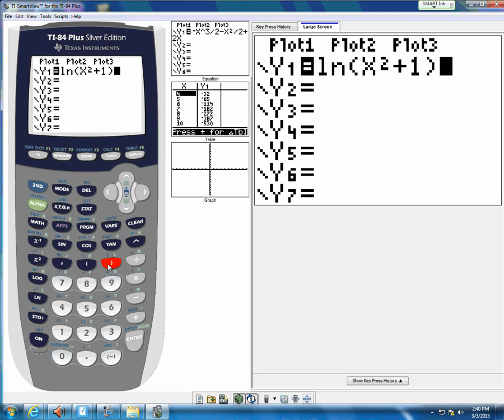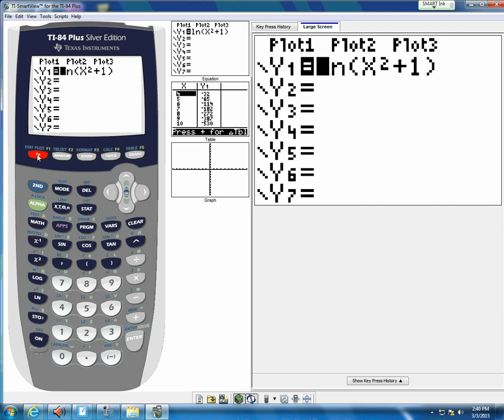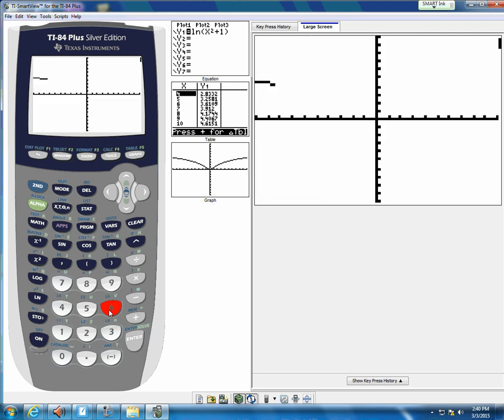And in y2, make sure you're in radian mode. Quick little check, yep. In y2, we have the cosine of x. And we're looking to see, so hopefully that encloses a region. Let's just take a look. Let me try a zoom 6 on that.